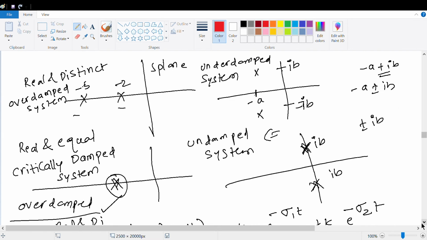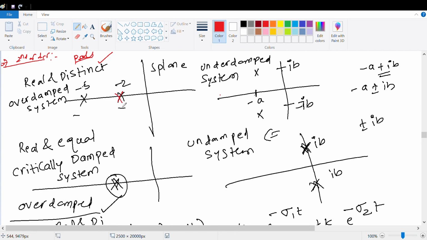In control systems there are four types of systems. In control systems 1 we mostly deal with second order systems. For a second order system, we use the denominator and equate it to 0 to get the poles.